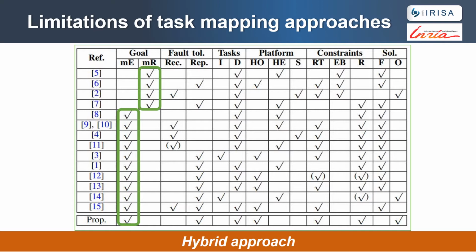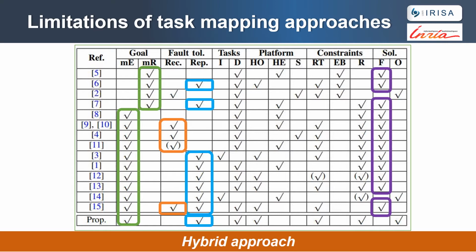Task recovery means that a task is re-executed when it's faulty. Task replication replicates full or partial tasks on different processors. It's very unlikely that all replicas fail. Based on the problem formulation and the solving method, the solutions are either feasible or optimal.